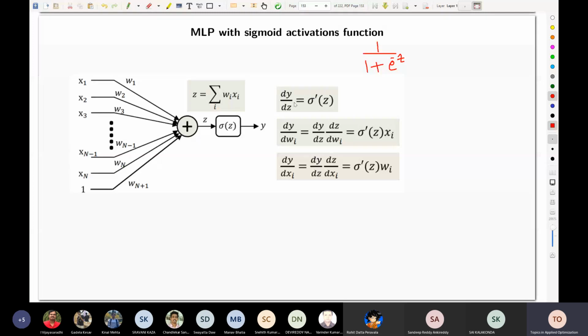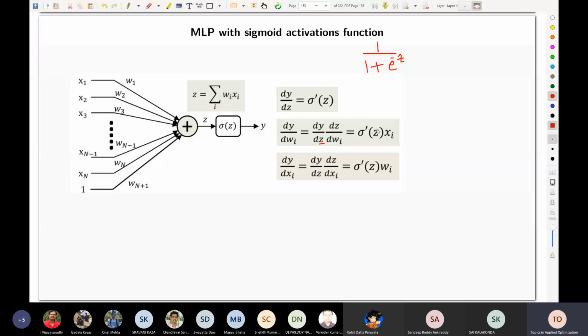So y is a function of z, and z is a function of w, and w is a function of x, obviously. If we have to compute the derivative with respect to wi, we can use the chain rule, because y is a function of z and z is a function of w.